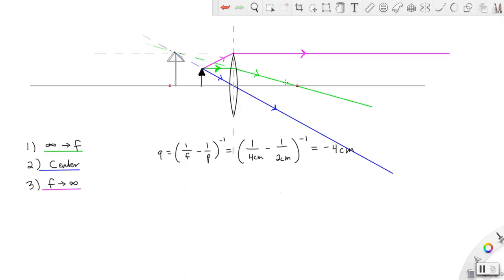And so if you actually do that with a magnifying glass, you'll see that happen. If you get far enough away from a book, it'll flip upside down and it'll change the sizing.